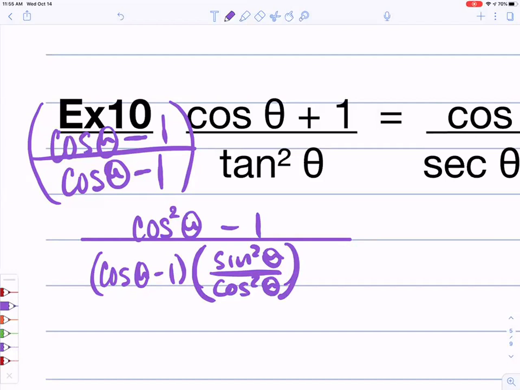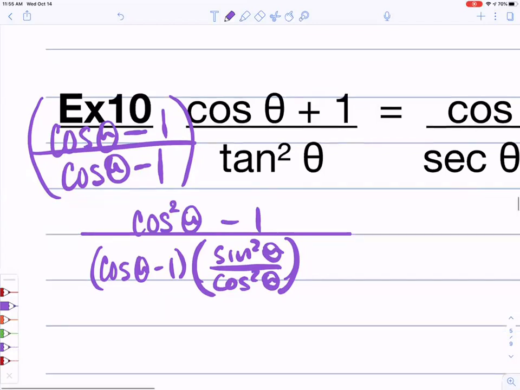Now you have to be careful in this next question. What does the numerator equal? Because remember, the whole point of using conjugates is so that I could get some squares, so that I could use my Pythagorean identities. But you got to be careful on this one. What does cosine squared -1 equal?